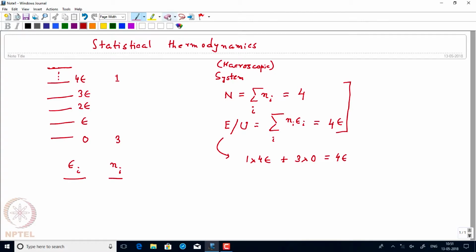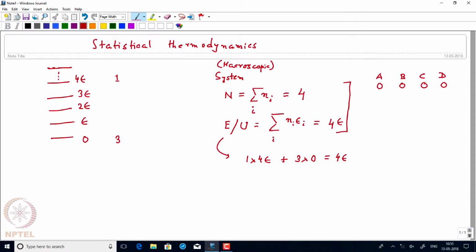Now the question is, is it a unique number, in the sense of how many ways you can actually achieve this particular distribution. Now it depends on whether these 4 particles are indistinguishable or distinguishable. Suppose I have 4 particles which I can label, like particle 1 as A, and particle 2, 3 and 4 as B, C, D, or some colors, red, green, blue and black, whatever, so that I know which particle is which.